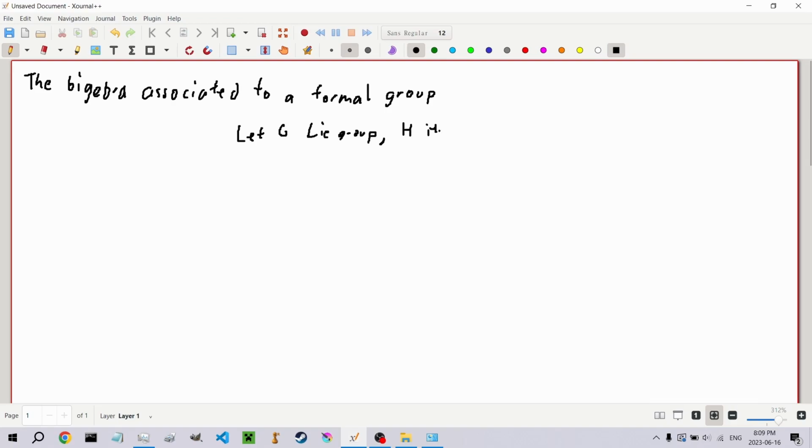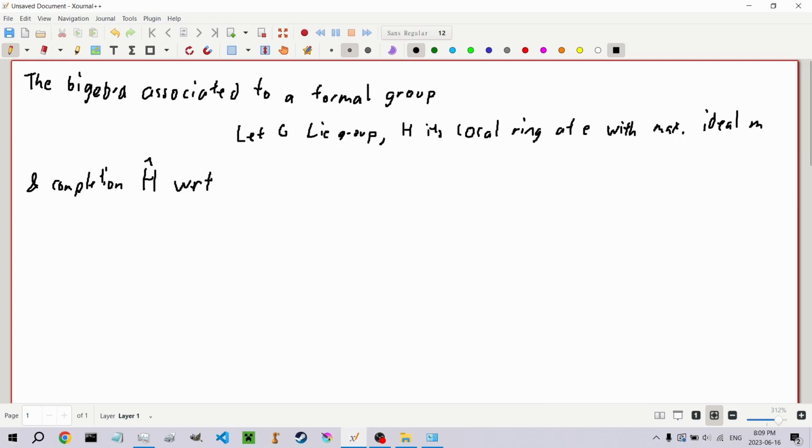H is its local ring at the identity, with maximal ideal M, and H hat is the completion with respect to the topology defined by M. And U is the point distribution. You can define it to be on H or H hat, it doesn't matter.